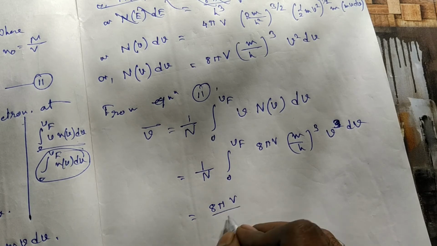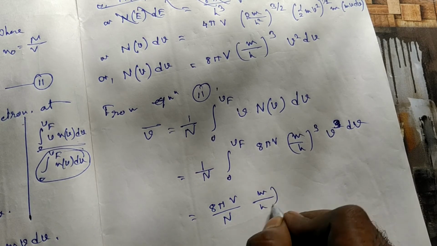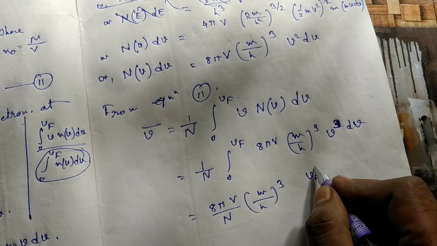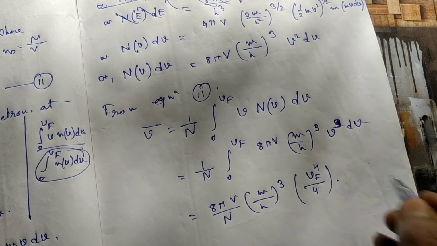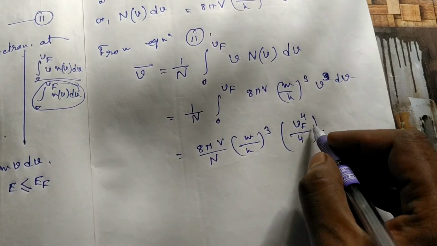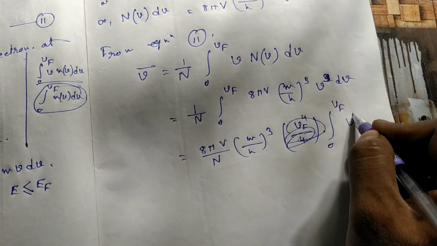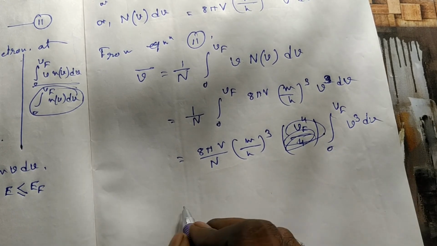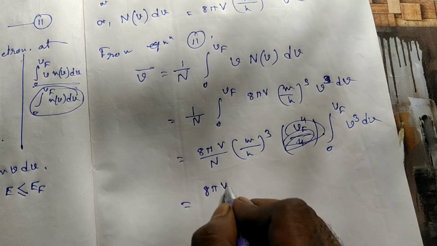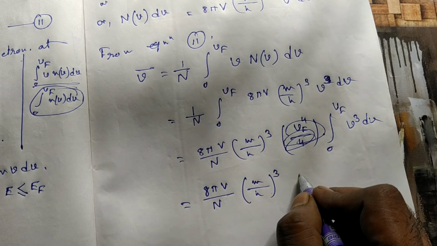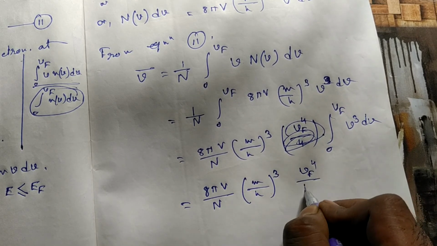So we get 8 pi V by n, m by h whole cube, v_F to the power 4 by 4. The integral part is integral 0 to v_F of V cube dV. After integrating this function, it becomes m by h whole cube, v_F to the power 4 by 4.